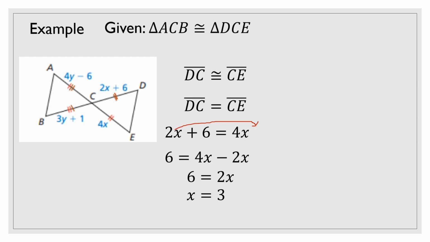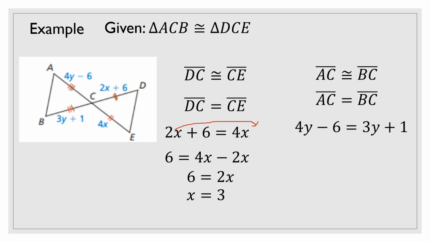So we have AC is congruent to BC. When they are congruent, then these sides are equal. So substitute natin ngayon yung values ng AC, which is 4y minus 6, and yung value ng BC, which is 3y plus 1. Then combine similar terms.